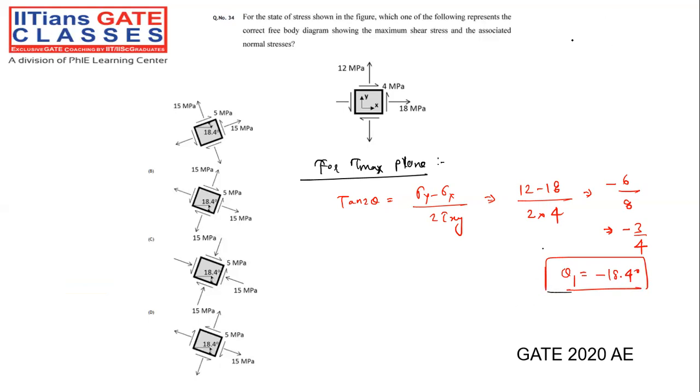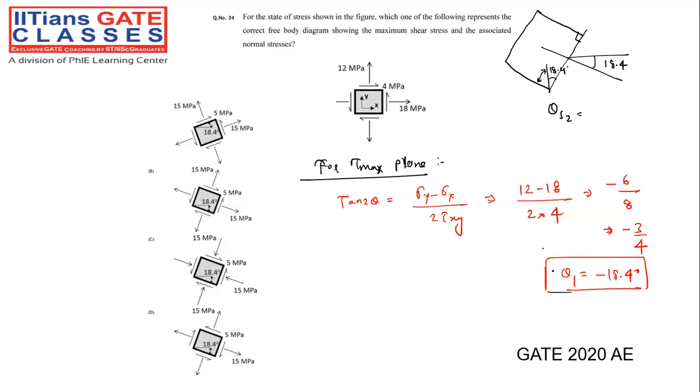If one value is 18.4 degree clockwise, the other value has to be with the 90 degree. That means they should make a plane with each other, perpendicular. What about this angle? 90 minus 18.4, right?